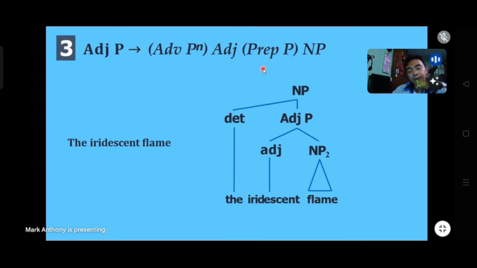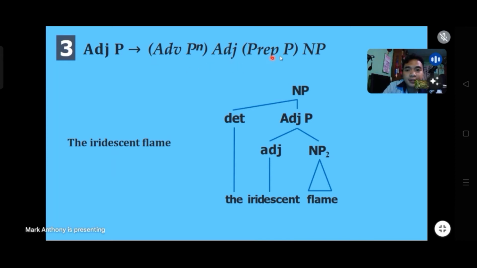So for the third rule we have the adjective phrase. This is the part where things get a little bit interesting. An adjective phrase can consist of different constituents.